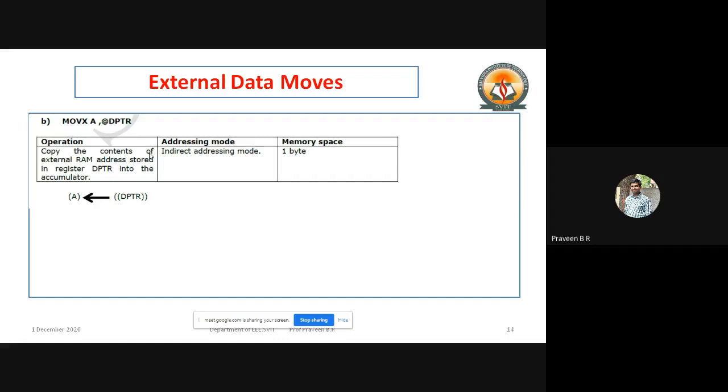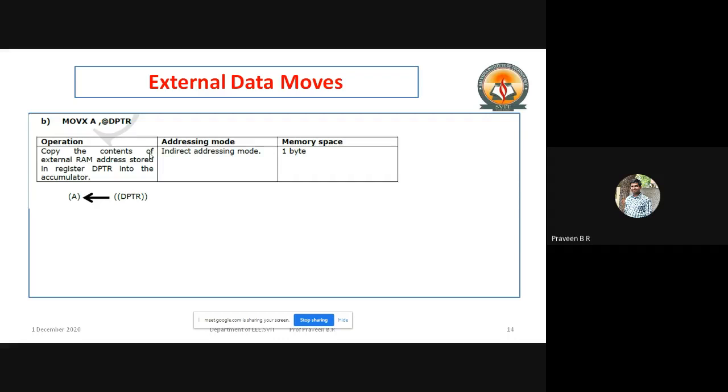Whenever I have an instruction which says MOVX A, @DPTR, the @ indicates that it is an indirect addressing mode. The data present in the data pointer is an external memory location address.